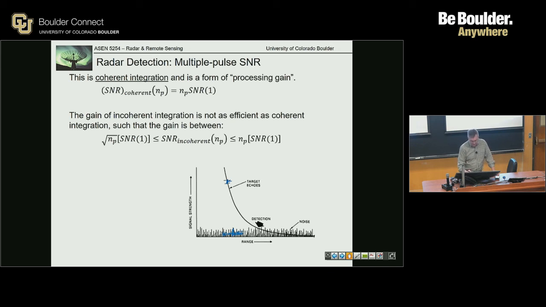And you'll increase your detectability by having fewer noise contributions. And so now you can actually detect at a greater distance because you have a higher signal-to-noise ratio.